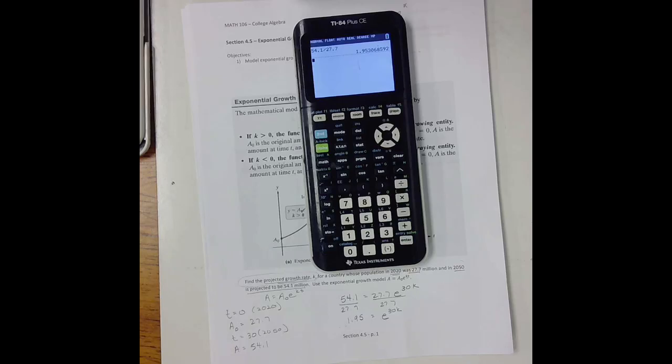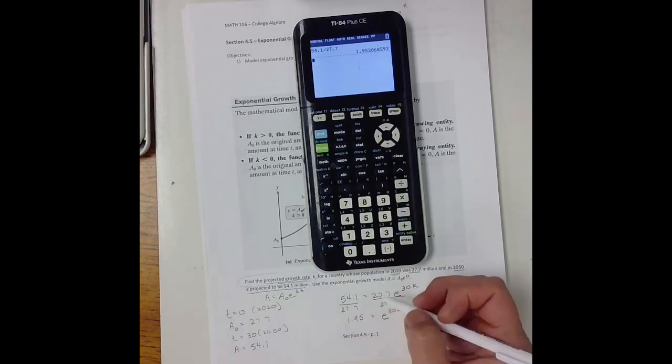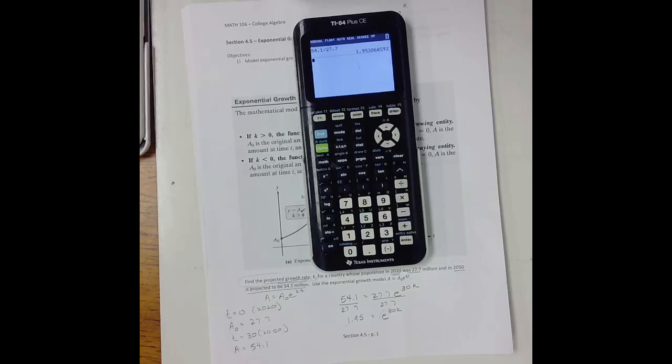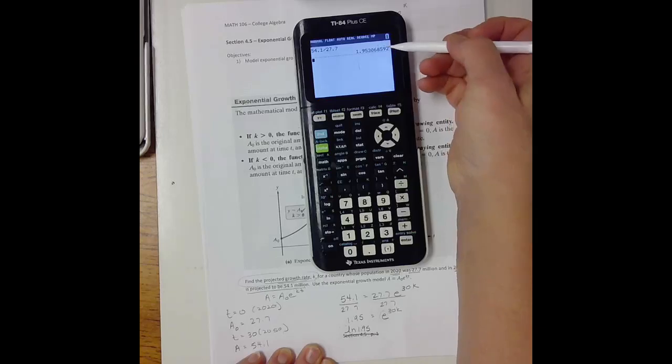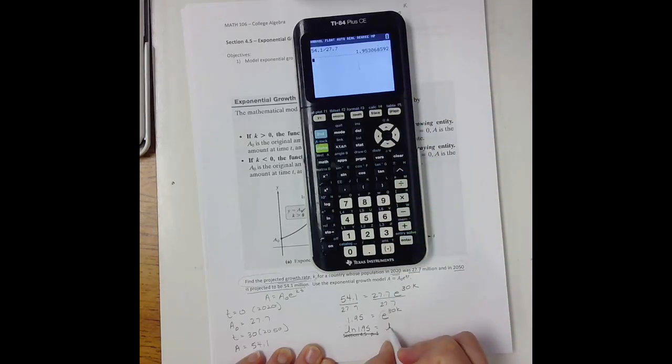E. I wouldn't use a log at this time because log would be base 10, and then this number here wouldn't simplify out. But if I take the ln of both sides and rewrite it, I know I'm getting kind of close to my number, so I would have the ln of 1.95, which is also in my calculator, is equal to the ln of e to the 30k power.